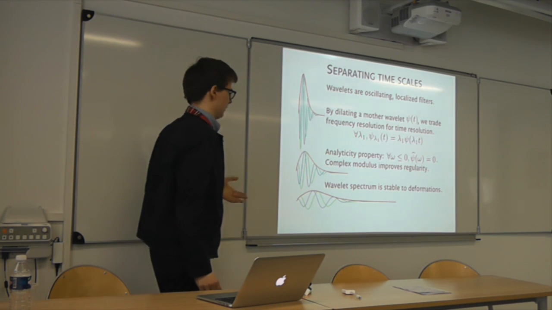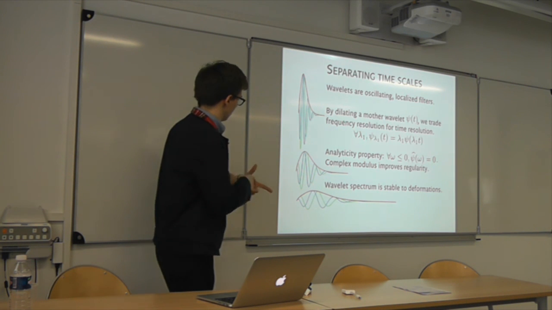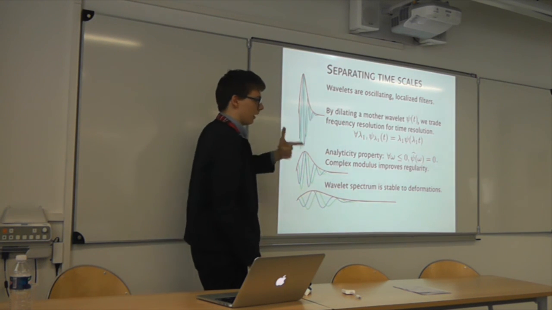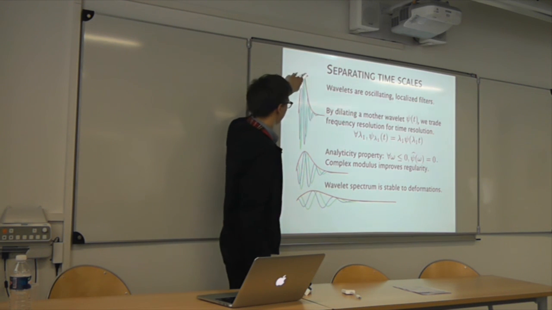And here, a technical property that is very important for what's coming next is analyticity of the wavelet. That is, no negative frequencies. Or in other words, it is a complex function, so the real part and the imaginary part are in phase quadrature of each other. So there's blue and green here, and the red is the envelope.